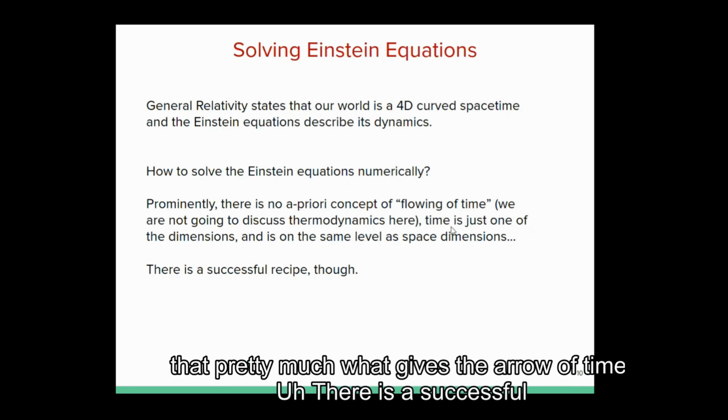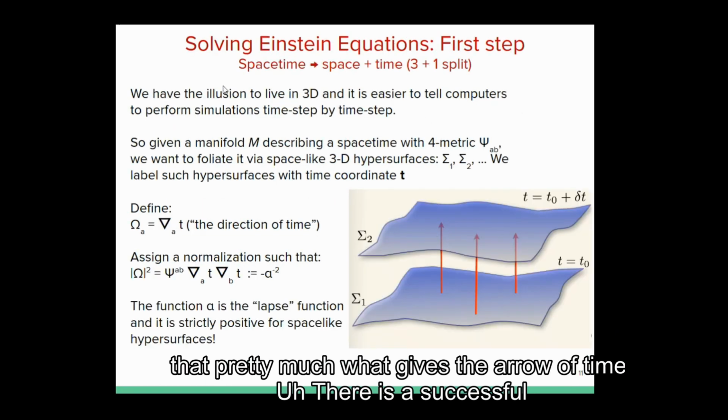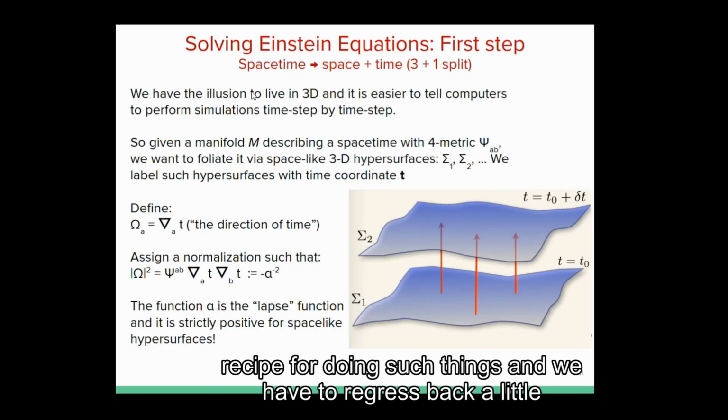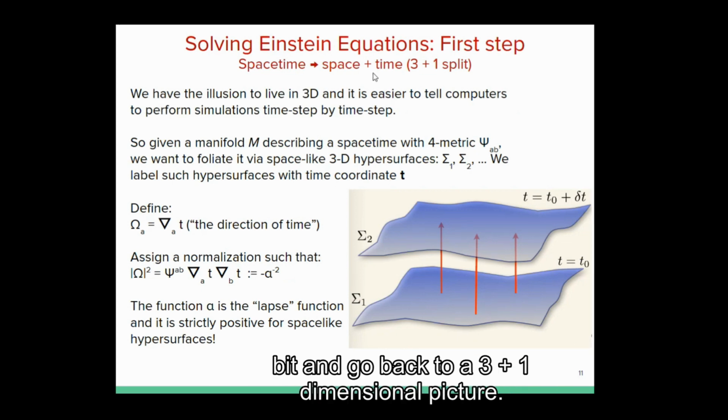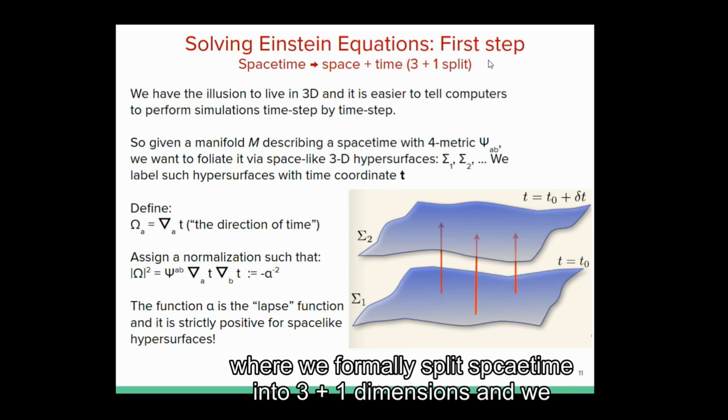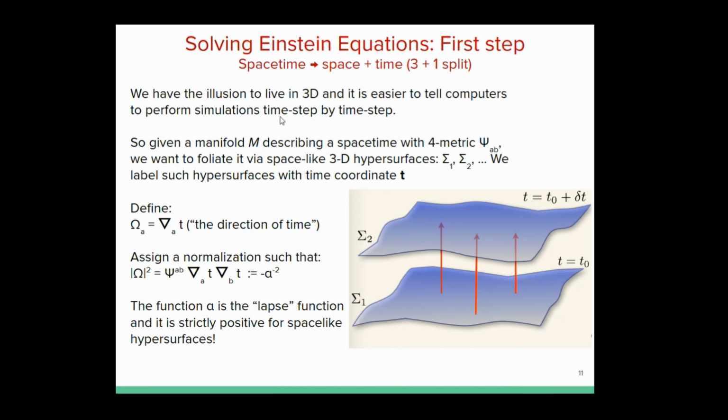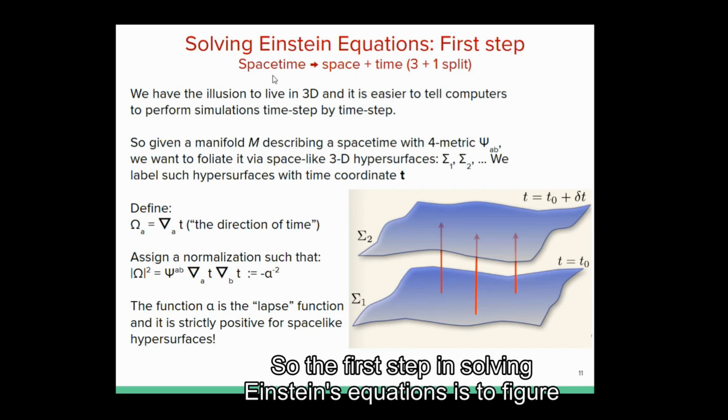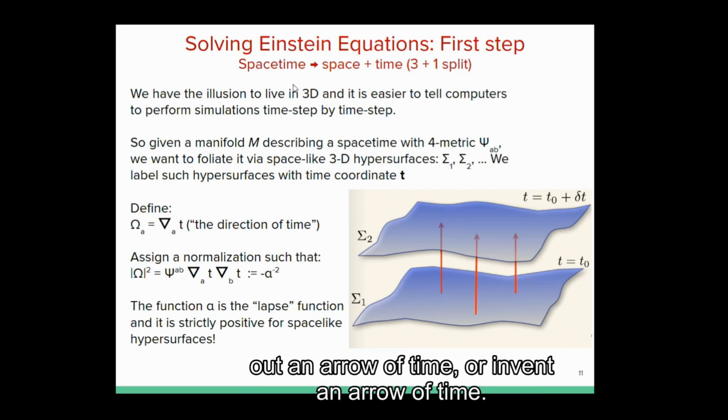Of course, we do have the increase of entropy in the universe, because that's pretty much what brings the arrow of time. But there is a successful recipe for doing such solutions, and we have to regress a little bit and go back to a 3 plus 1 dimension picture, where we formally split space-time into 3 plus 1 dimensions, and we treat these separately. So the first step in solving Einstein's equations is to figure out an arrow of time or invent an arrow of time.